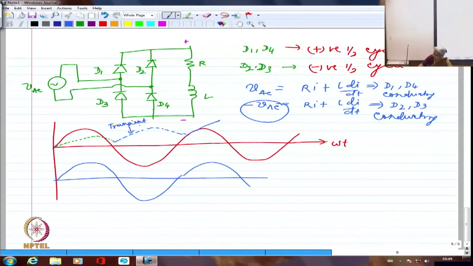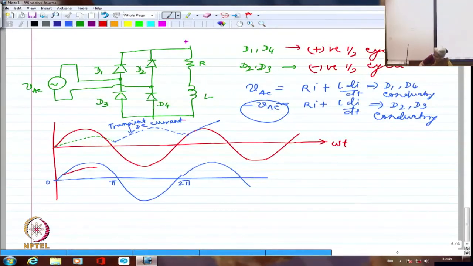So if this is my voltage waveform, I'm going to see that maybe the current starts from a certain value, it rises and it falls, again rises and then it falls, again rises and it falls, and so on.